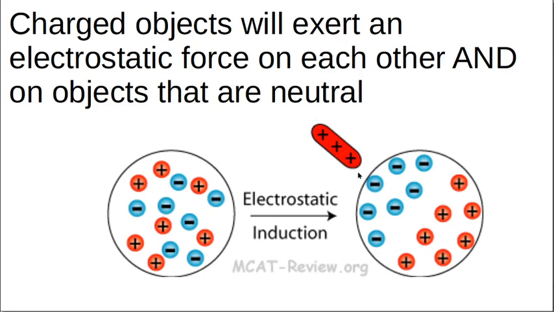This rod has induced a movement of the electrons to one side of the object, and that is why it can exert a force. It happens as a result of charges moving internally in here. But if we were to count 1, 2, 3, 4, 5, 6, 7, 1, 2, 3, 4, 5, 6, 7. There are equal numbers of charges in this object. This object is still neutral, but some of the little electrons have whizzed over to the other side, hence the attraction. And this is a favorite test question that you have to explain.